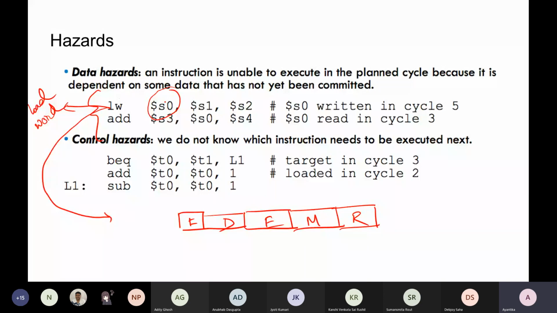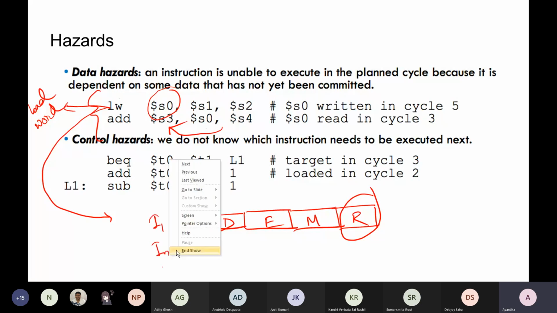So you are writing this S0 value in the 5th cycle. The next instruction is add S3, S0 and S4. That means you are adding the S0 and S4 values and storing them back to S3. This is your instruction 1 and this is your instruction 2.